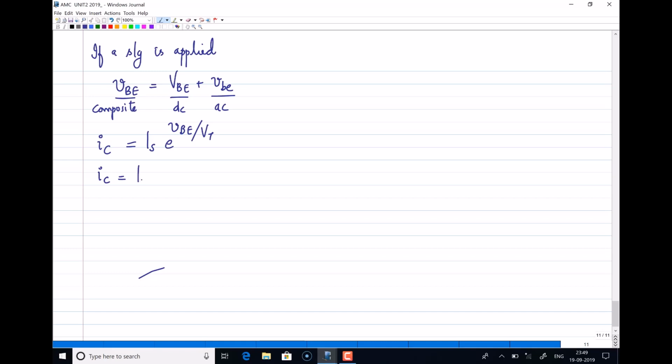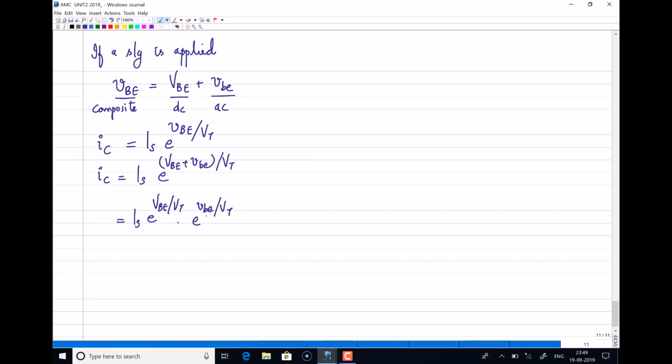So iC equals Is into this quantity, which can be further written with vBE as capital VBE plus small vbe, so e to the power of (VBE plus vbe) by VT. This can be written as Is into e to the power of VBE by VT into e to the power of vbe by VT.